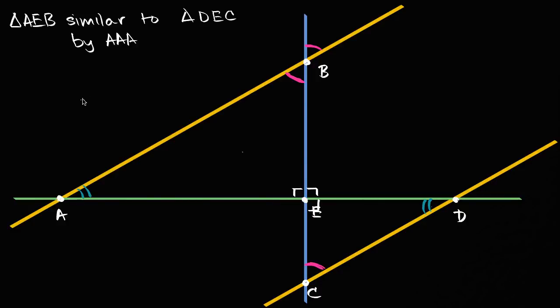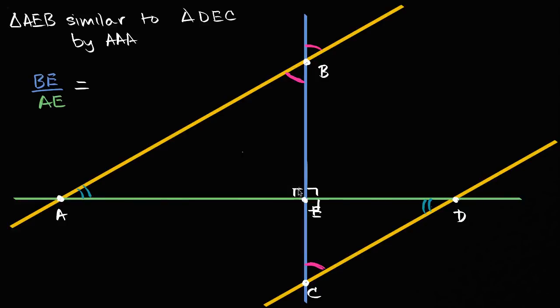And so we know with similar triangles, the ratio of corresponding sides are going to be the same. So we could say that the ratio of BE, let me write this down. This is this side right over here. The ratio of BE to AE is going to be equal to, so that side over that side.